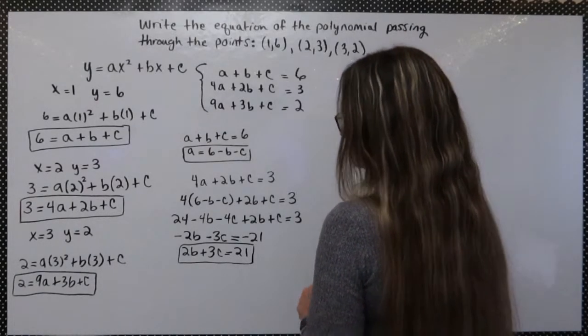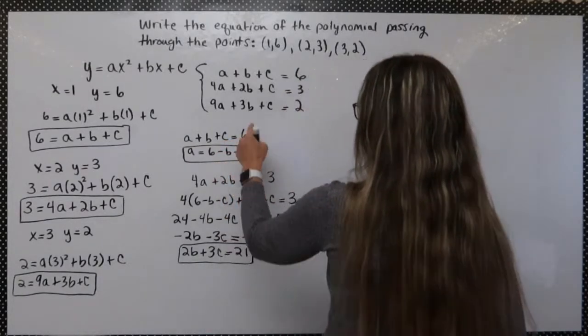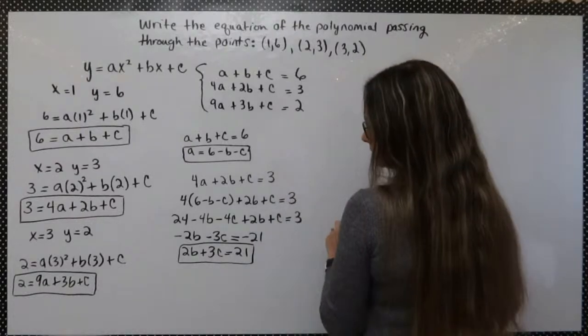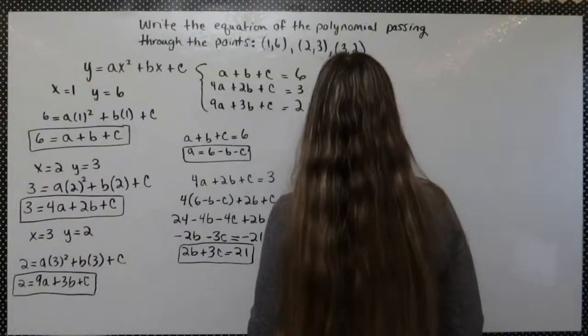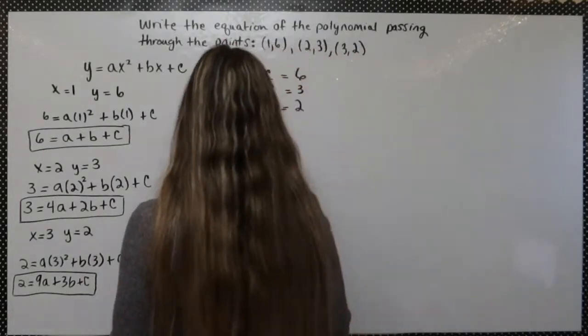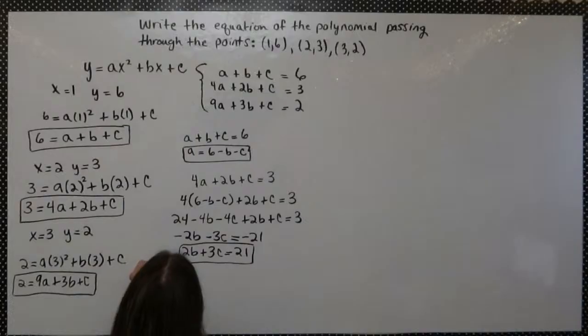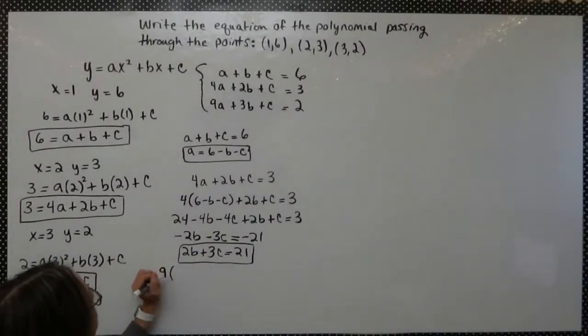All right. So let's go ahead and repeat that process for the other equation here. Let me see if I can fit it in here at the bottom because I want to preserve this space. So we got 9a, the other way, 9 times.